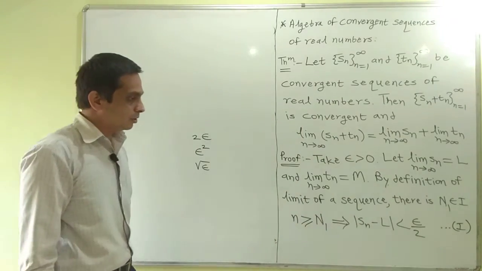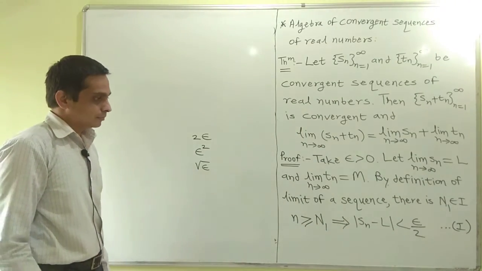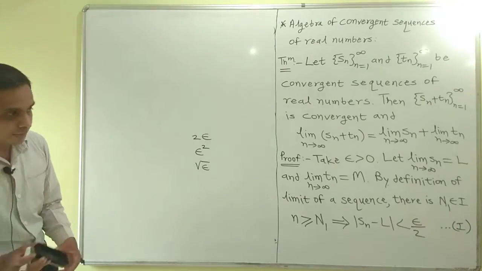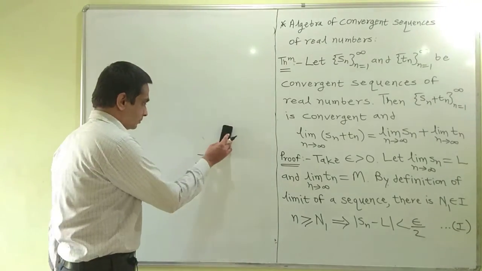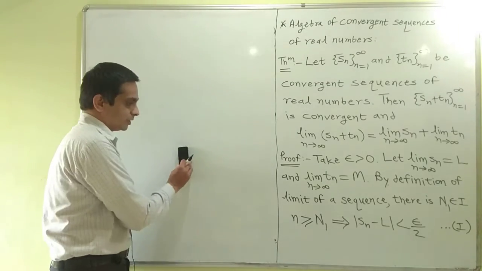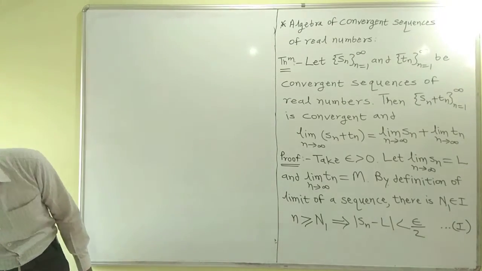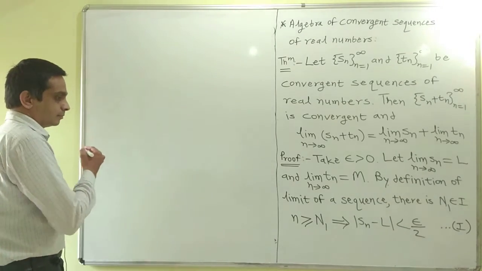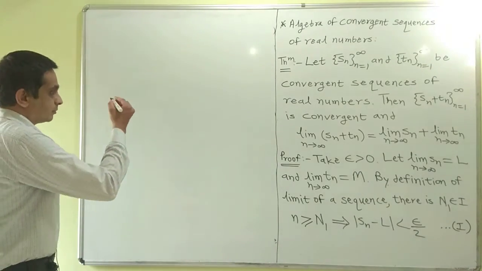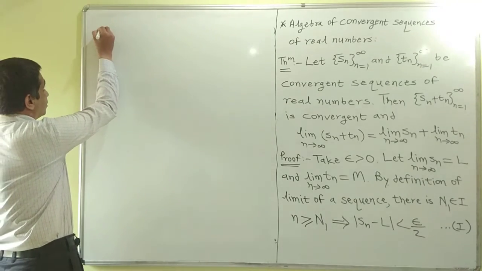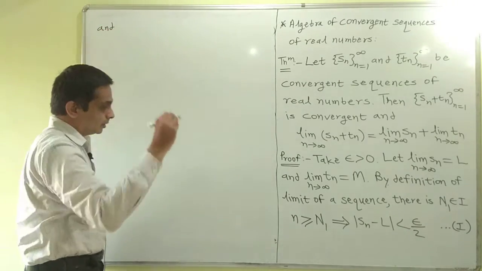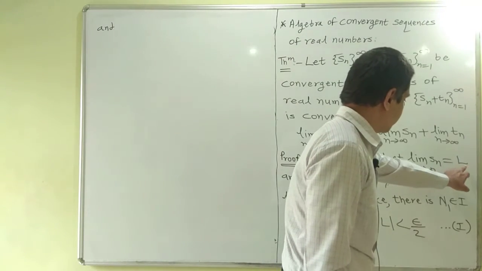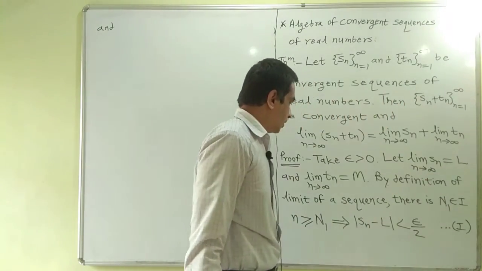Again, this choice need not be unique. You may have different choices. I'll also explain it once I complete the proof. So this follows from the definition of limit of Sn being equal to L.